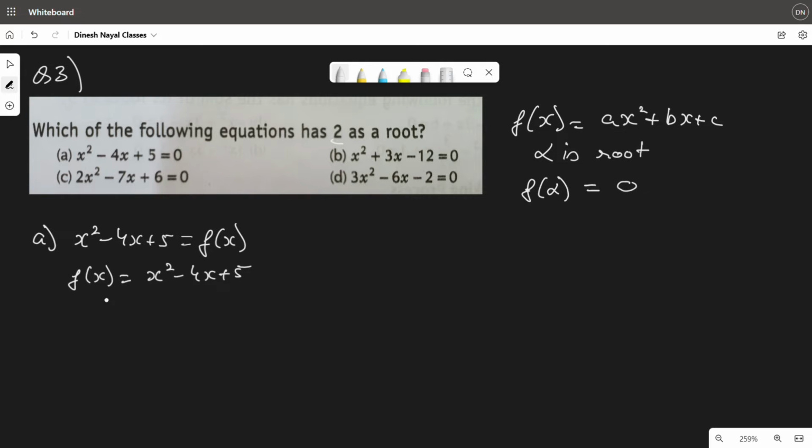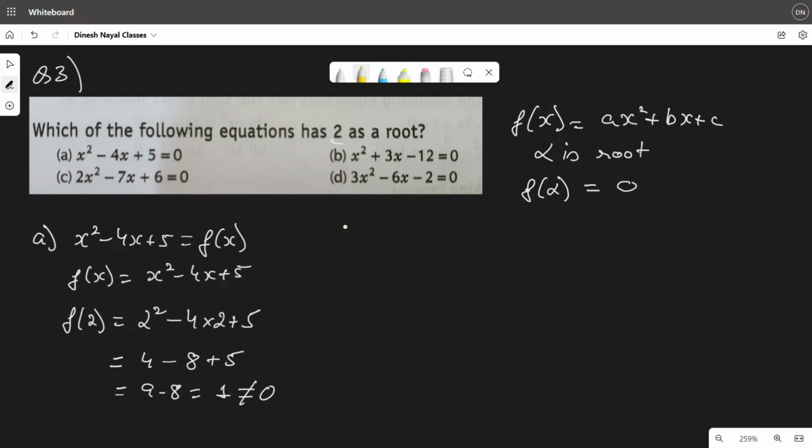Now see, substituting x equal to 2, f of 2 is 2 square minus 4 into 2 plus 5. 2 square is 4, minus 8 plus 5. 4 plus 5 is 9, minus 8 equals 1, which is not equal to 0. So this equation is not the answer. 2 is not the root.